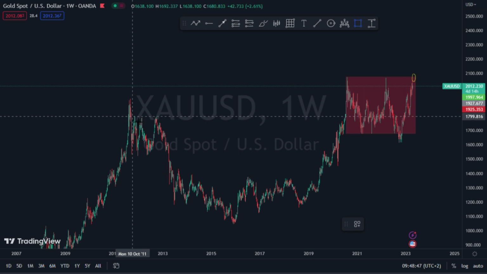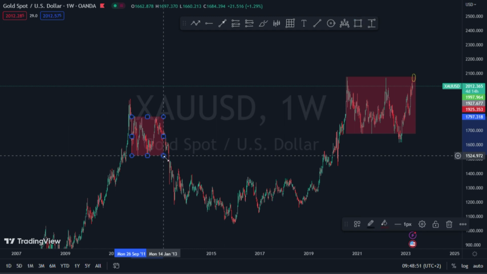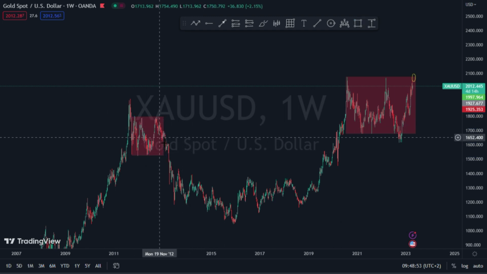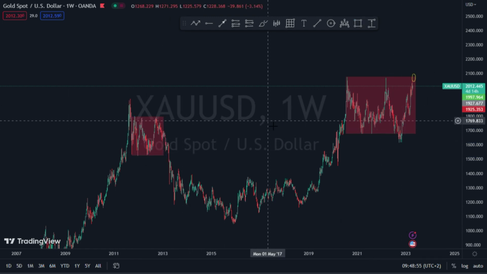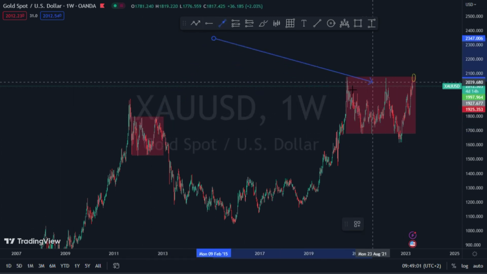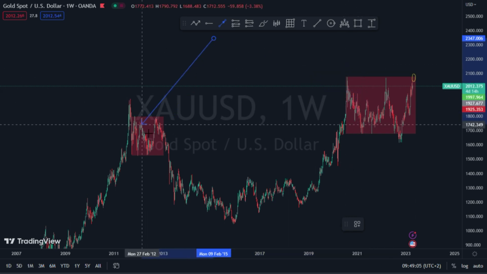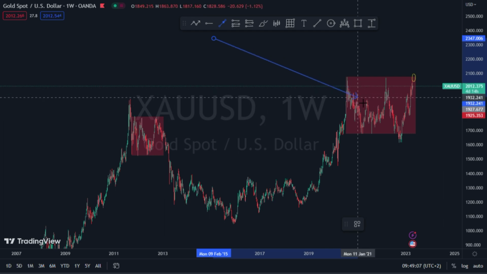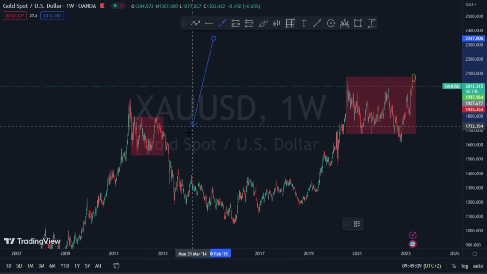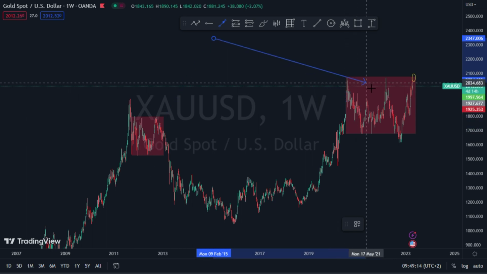The market has just repeated this structure on a bigger scale. This is the smaller version and this is the bigger version. You can spot the similarities in these two structures, right?